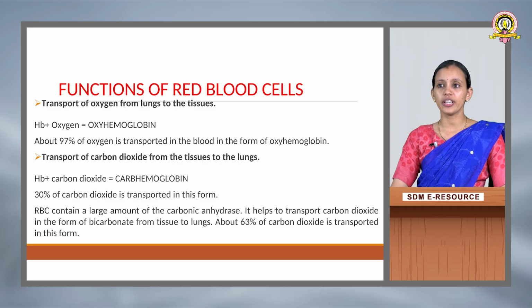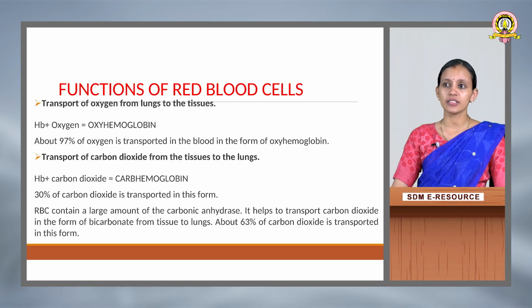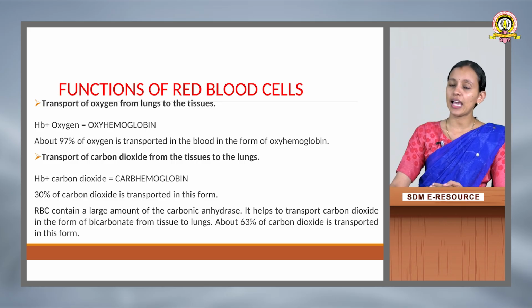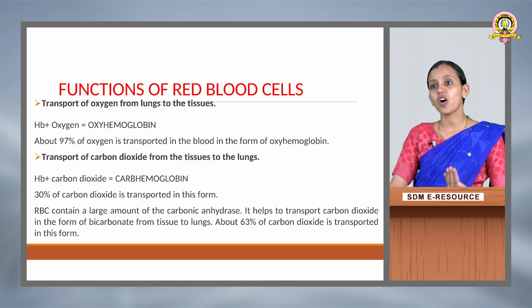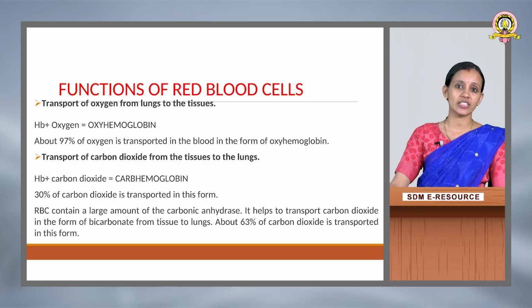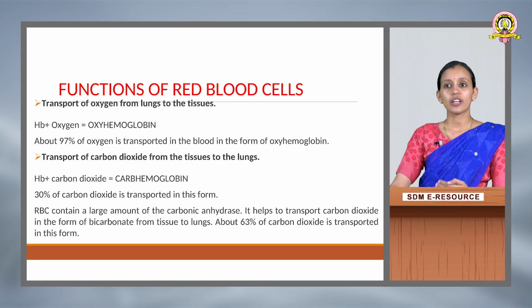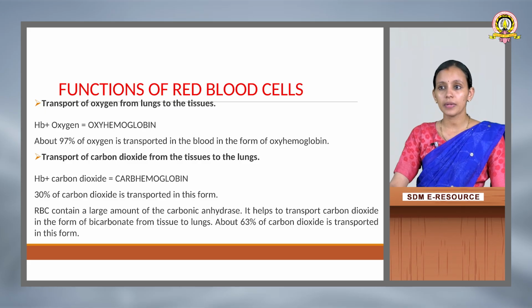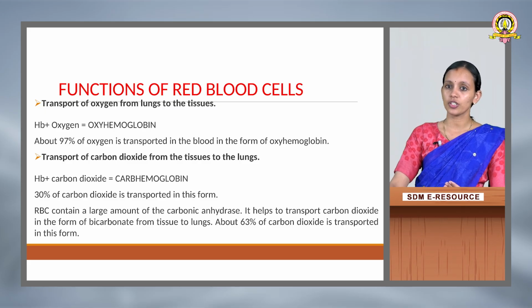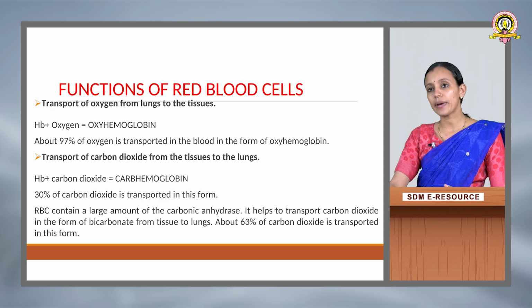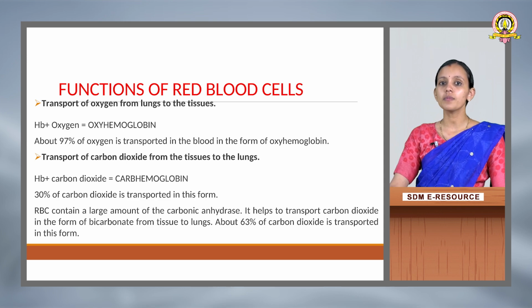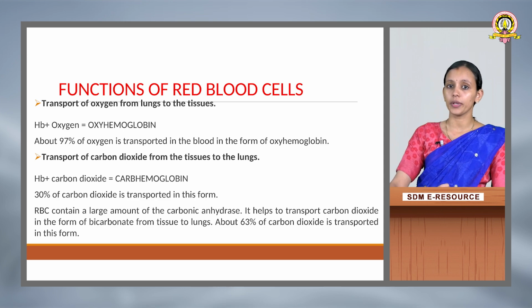Next we will move on to the function of red blood cells. The function of red blood cells is mainly transport: they help in the transport of oxygen and carbon dioxide in our body. For transport of oxygen from the lungs to the tissues, hemoglobin combines with oxygen and forms oxyhemoglobin.